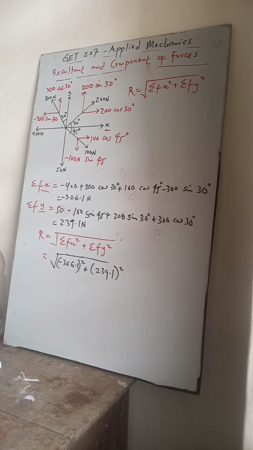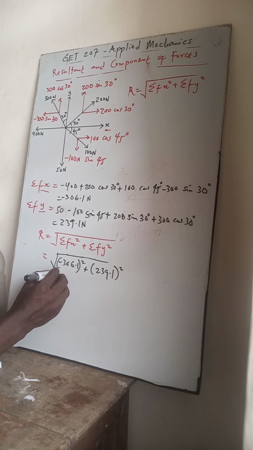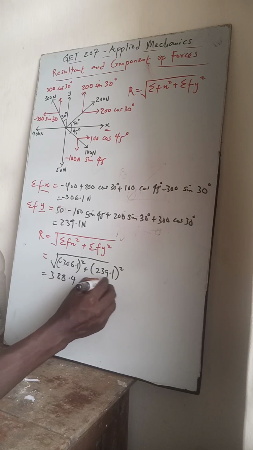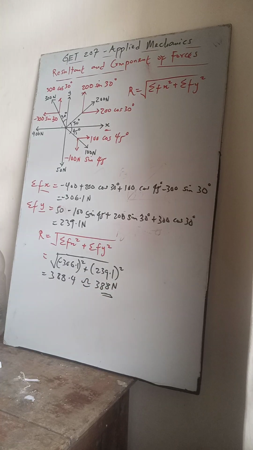So let's calculate that. Press your calculator: open bracket minus 306.1 close bracket squared plus 239.1 squared, and the square root. Your answer should be 388.4, which is approximately 388 Newton. So this is the resultant of these forces.